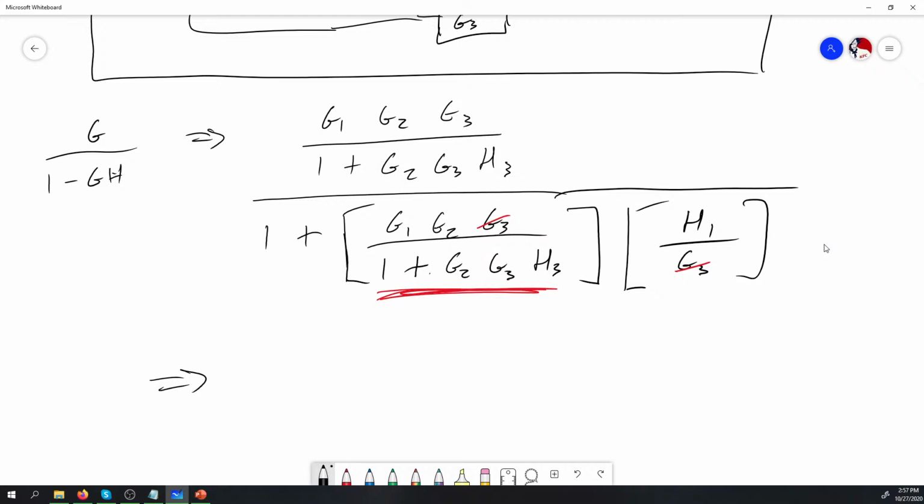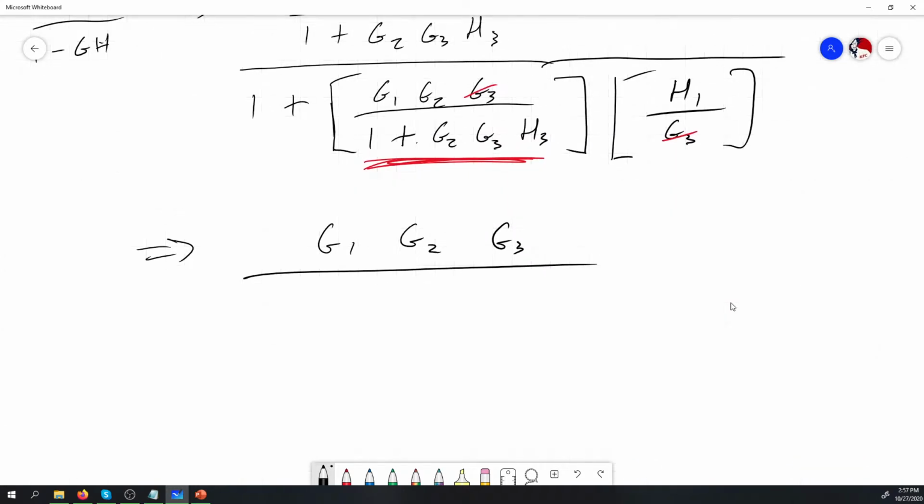So this entire thing will just resolve to G1, G2, G3 all divided by 1 plus G2, G3, H3 plus G1, G2, H1. Oh, sorry. We no longer have G3 here. It's going to be G1, G2, H1.